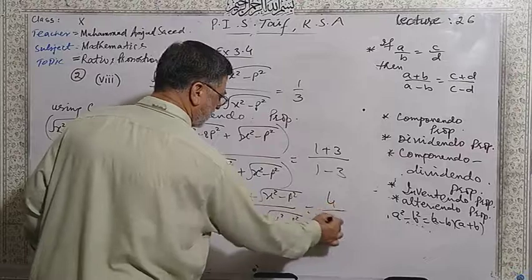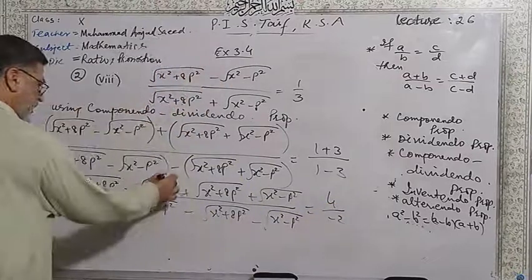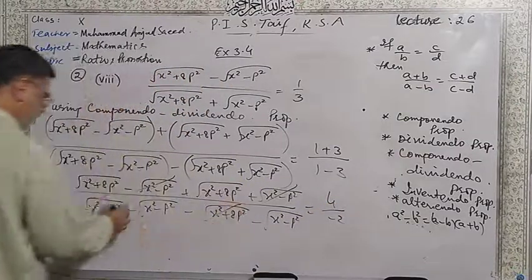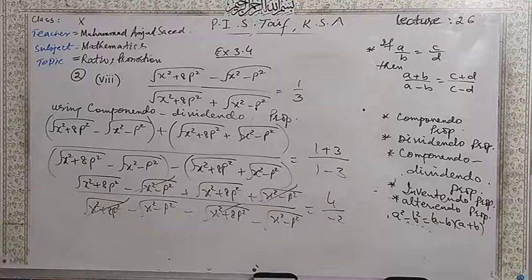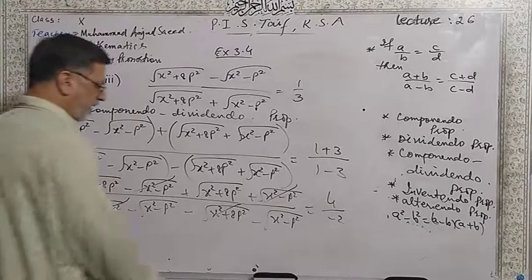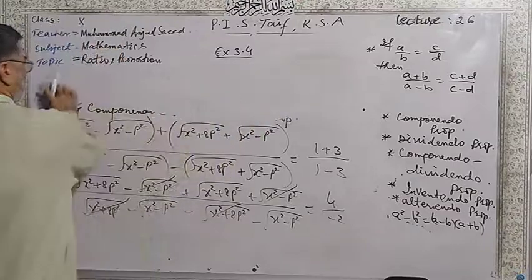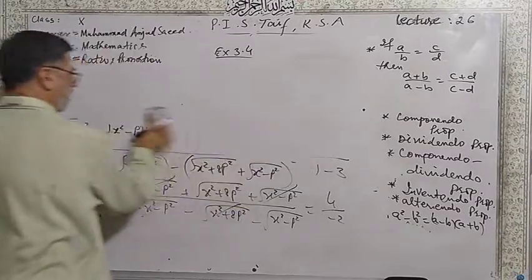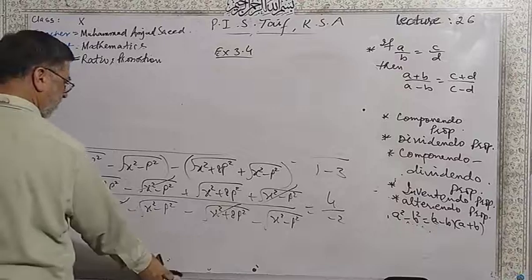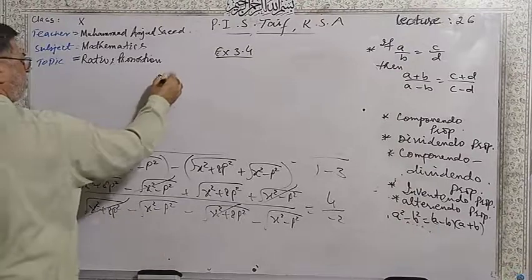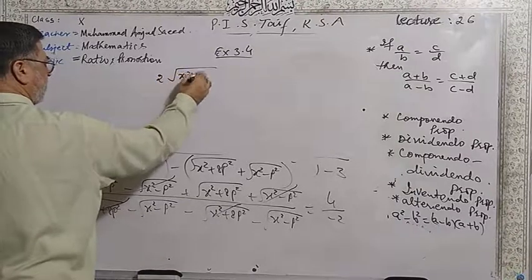That is 4 over minus 2. You can cancel this one and first is cancel this first. And we are left with, dear students, 2 into square root of x square plus 8p square.